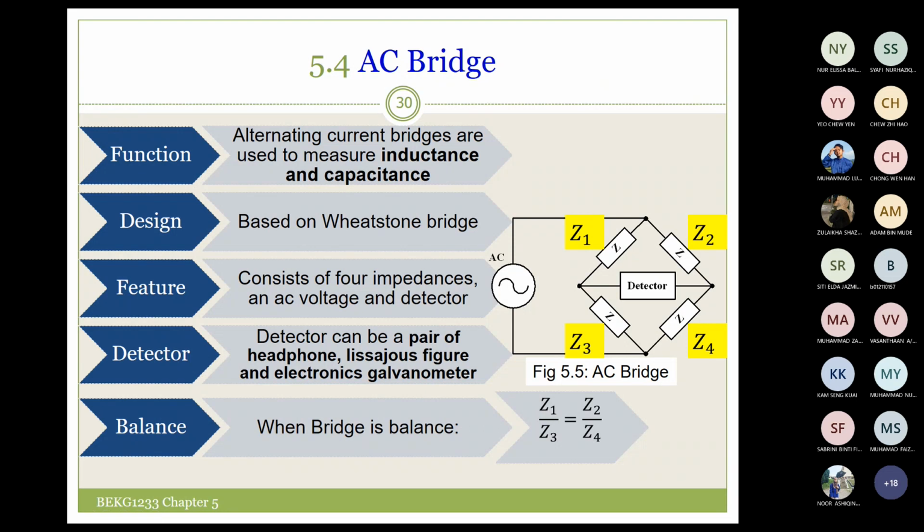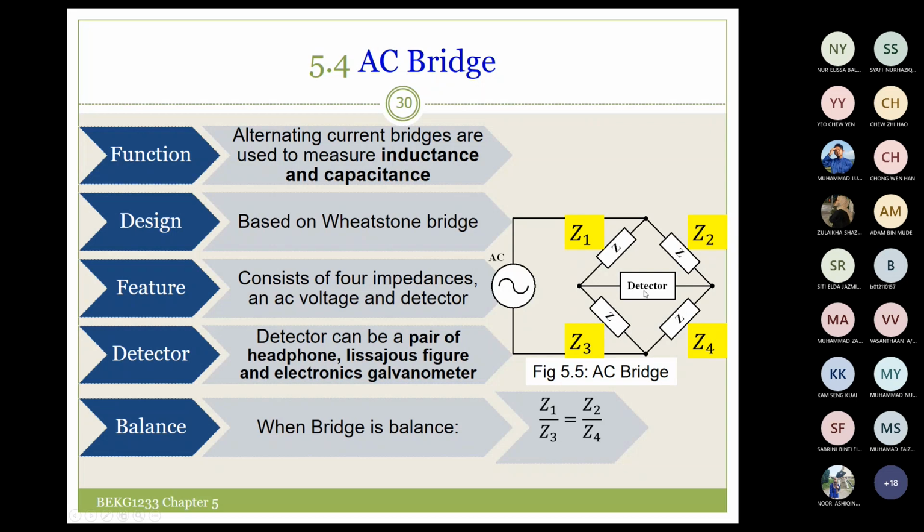The design of this AC bridge is also based on the Wheatstone bridge, with the same concept: we want to balance the value of the right and left of the bridge, to make sure that the detector doesn't detect any current going through it.